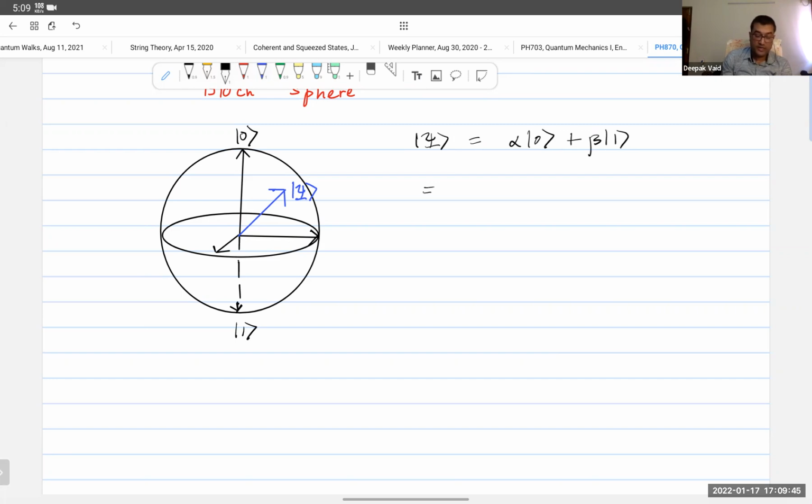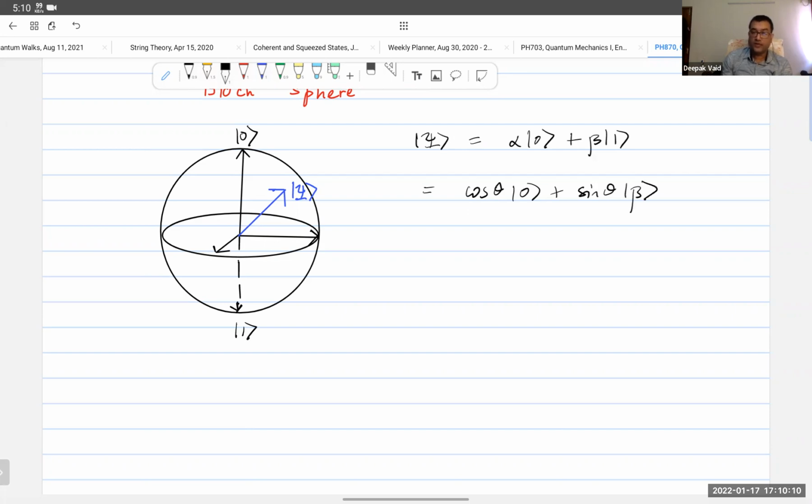So first of all, you know that alpha and beta, the modulus squared adds up to 1. So you might think, well, one obvious parameterization would be to set alpha equal to cosine of something and beta equal to sine of something, let's say cosine theta plus sine theta. This is what you might think.